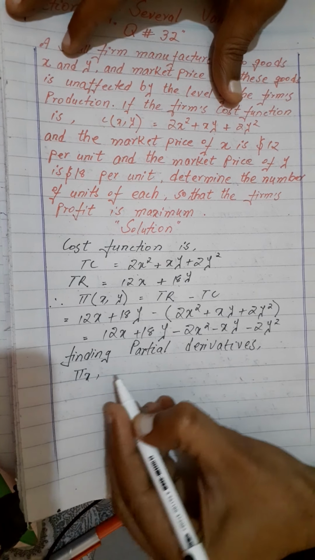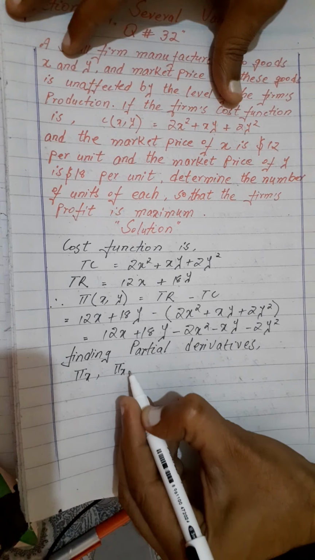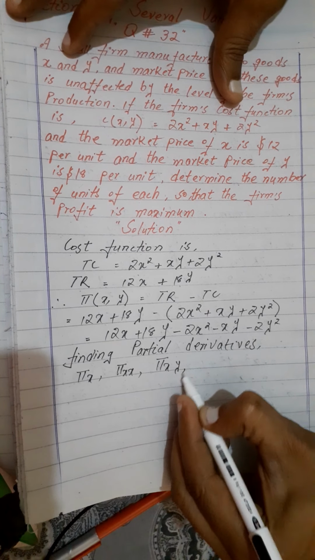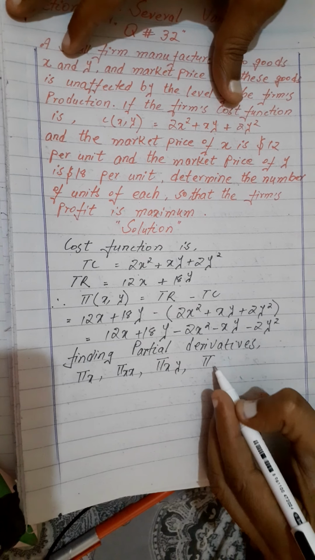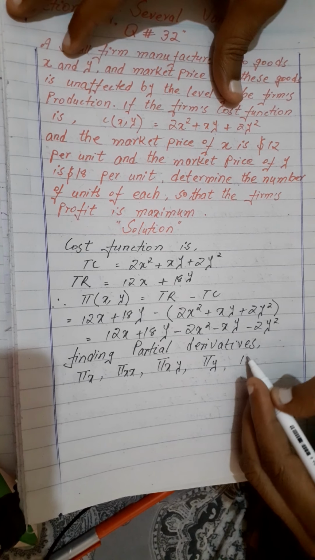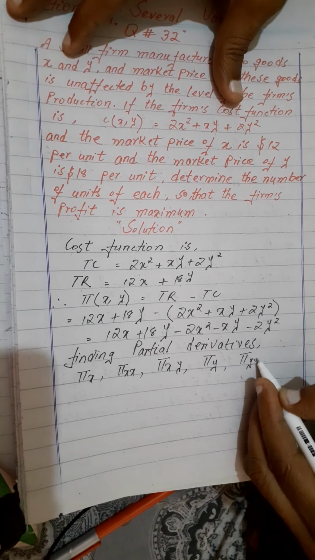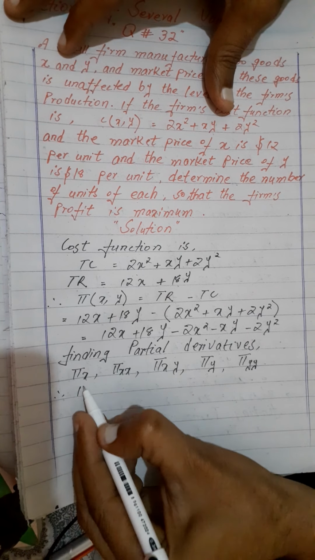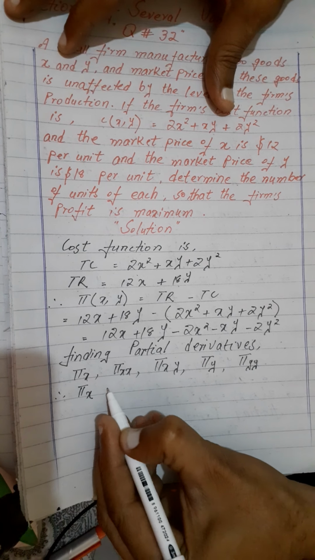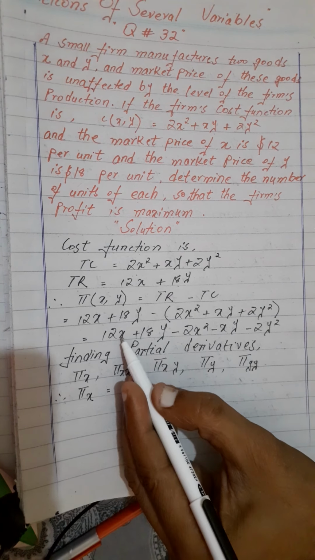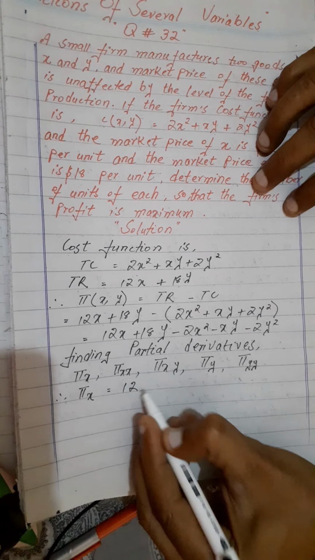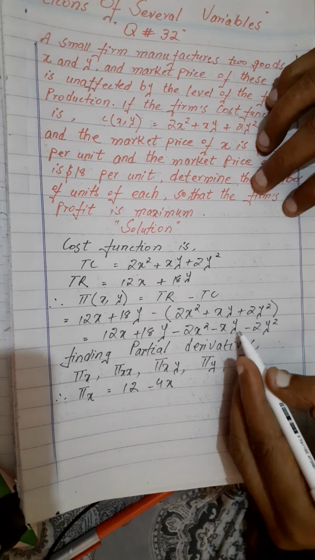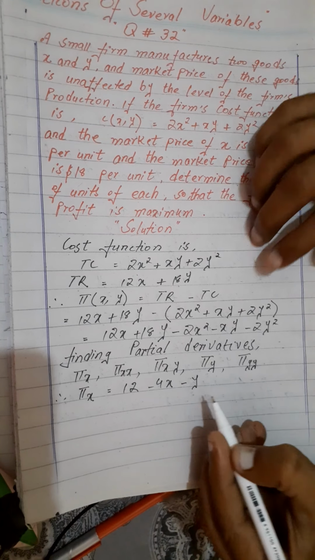Pi x, pi xx, pi xy, and pi y, pi yy. Therefore, partial pi by partial x equals 12 minus 4x minus y.